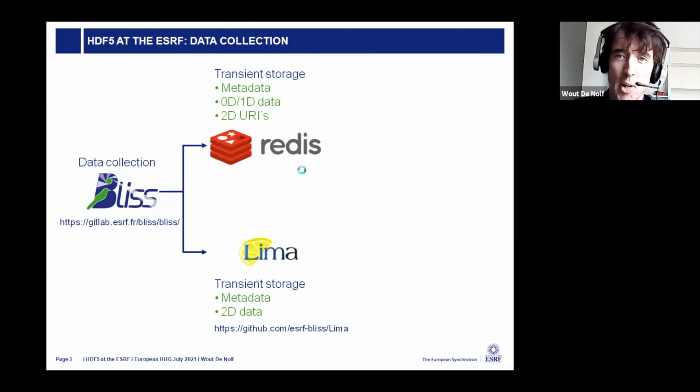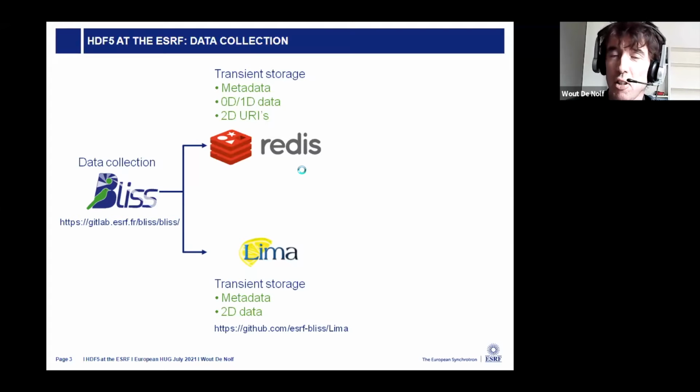I don't want to go into semantics here, but it's typically scalar strings and numbers. I'll call that metadata. Then you have 0D and 1D data, which is produced by detectors like diodes and temperature sensors for 0D. And for 1D, you have MCAs or strip detectors. And then lastly, we have images produced by 2D detectors.